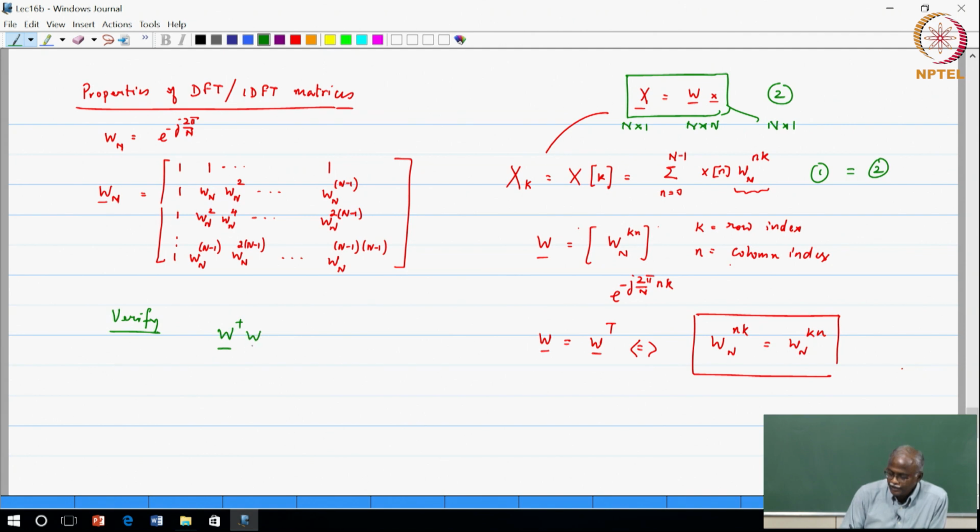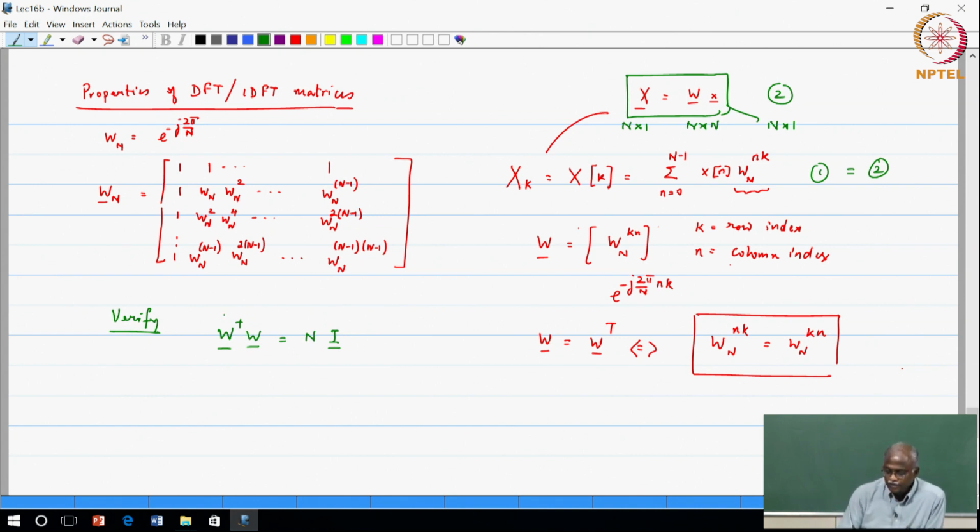If you multiply W dagger times W, what you will get is n times the identity matrix, and you can use the properties of the roots of unity to verify that, and I am sure you would have done it already in the context of the DFT.